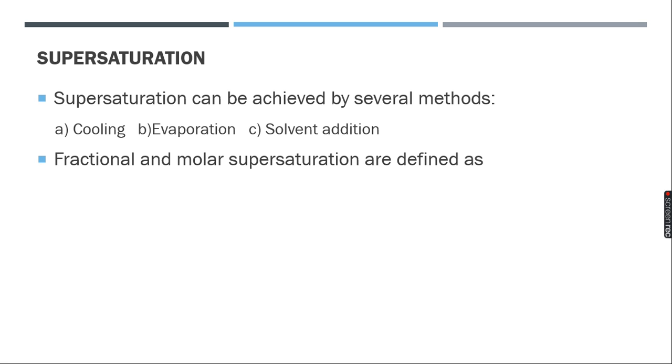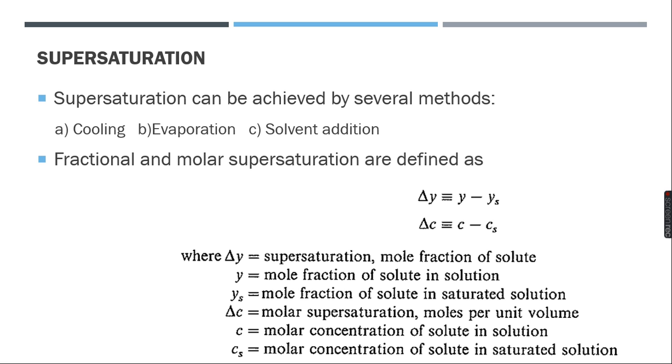Now we have some other terminologies like fractional and molar supersaturation. It is a little bit the same way we discussed it. Supersaturation means how much beyond its saturated concentration the solution is. If I am talking in mole fraction terms, you will say fractional supersaturation, because it is the difference between the mole fraction of solute currently in the solution and the mole fraction at saturation, or its solubility limit.